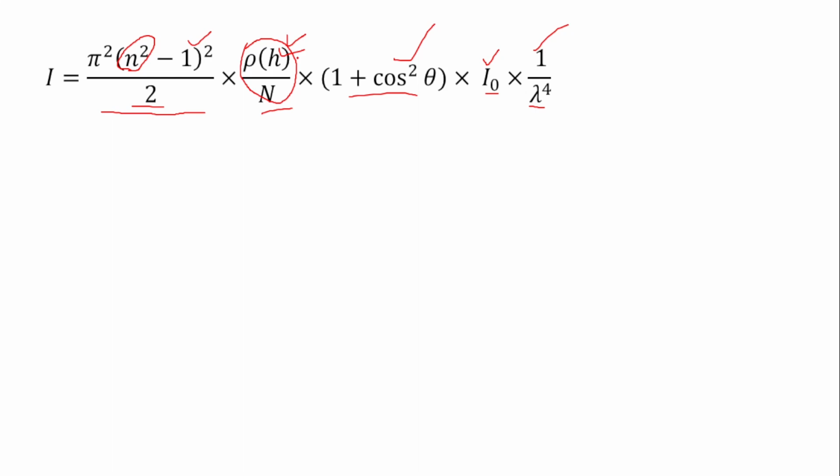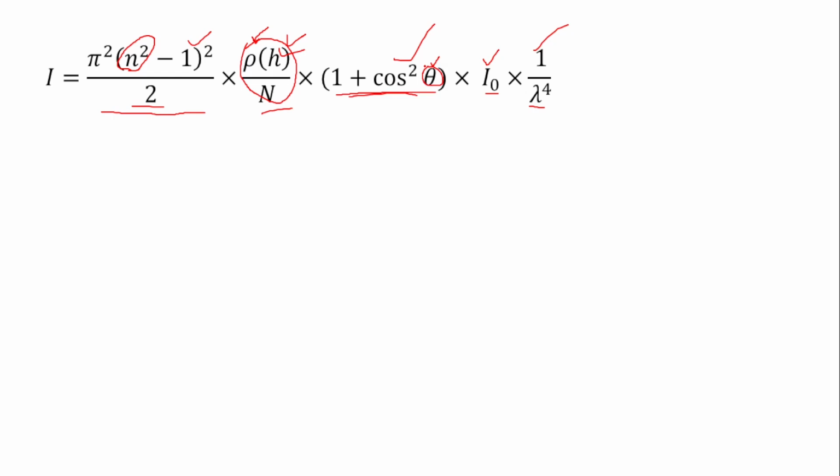So this term inside this formula also works as a constant at a given height for all the colors in the visible spectrum. Then this term accounts for the angular dispersion, and this is also almost the same for all the wavelengths, so we can treat this as a constant quantity.